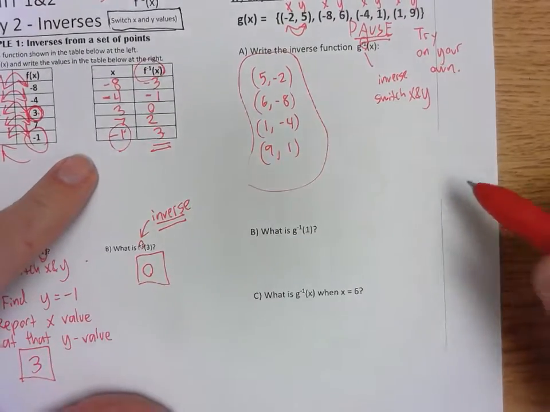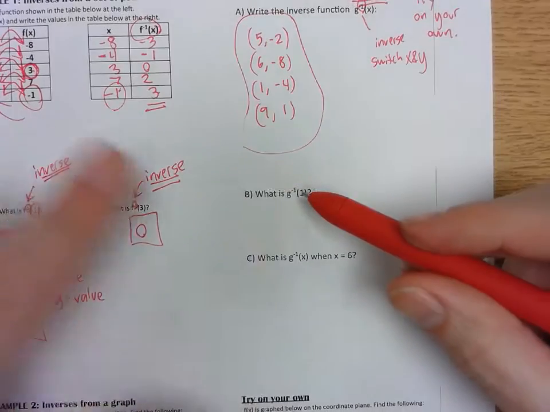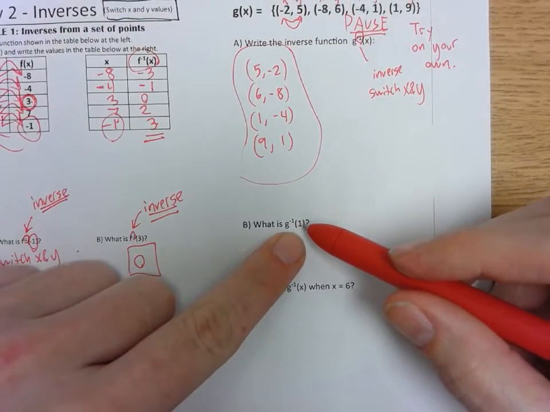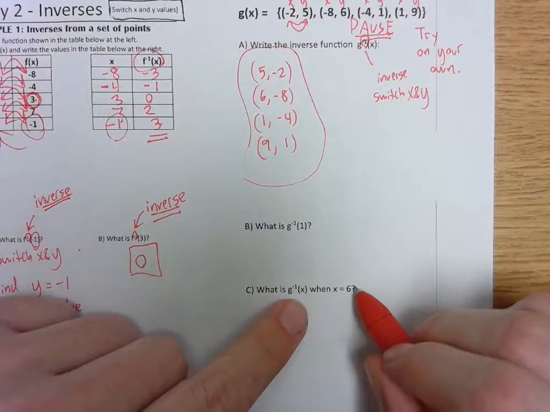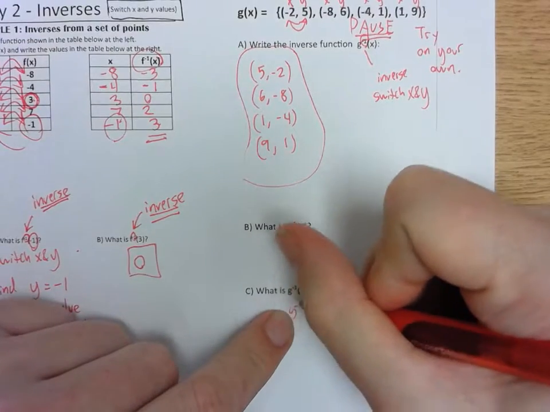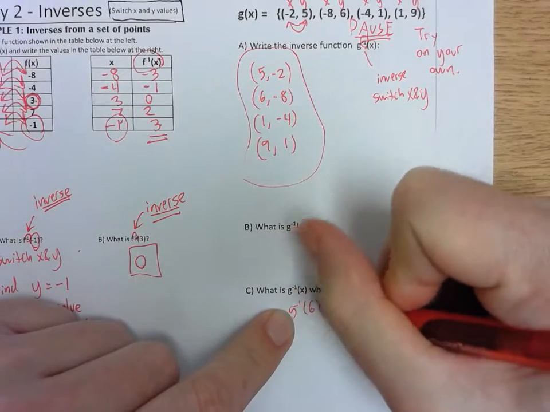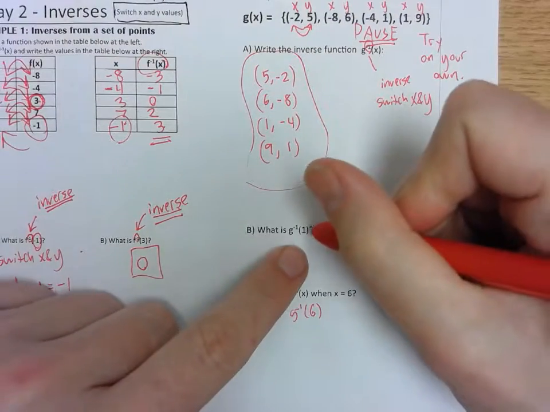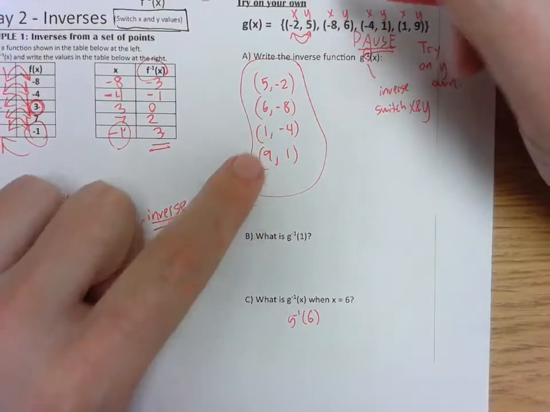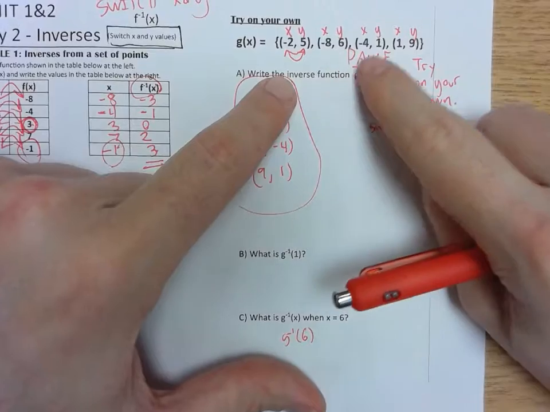So for these two parts, we want to find the output in the inverse function at 1, and this is the same thing really, this is g inverse of 6. So we want to find the output at 1 and 6. So we're going to go to our original function and look at the y value.